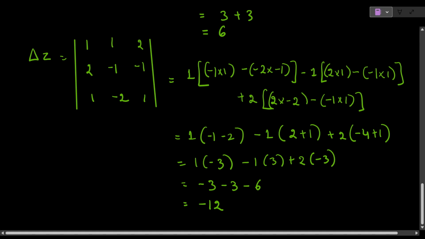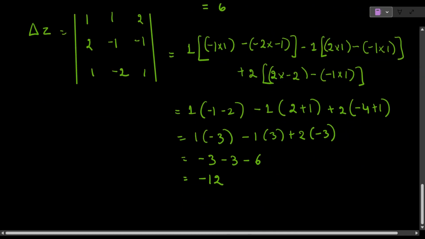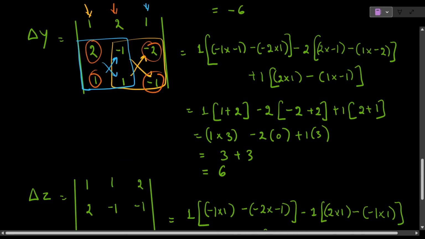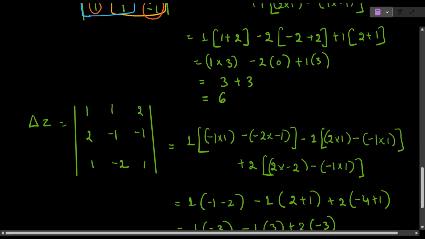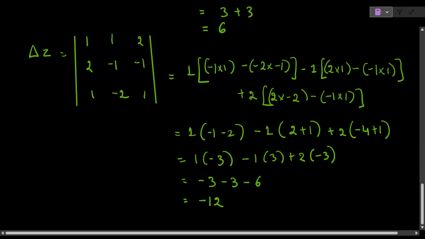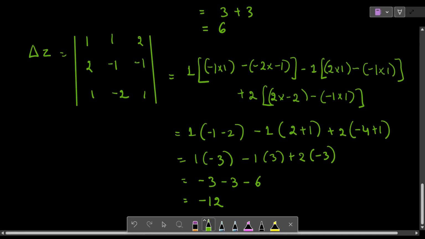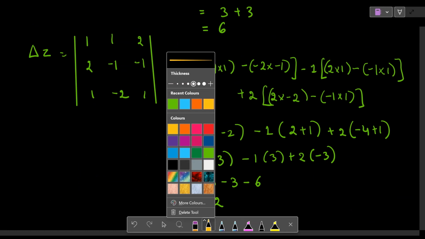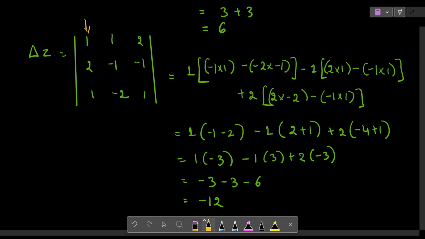So now we got the values of determinant z, delta y and delta x. So once again I am explaining here. Don't get confused. What we have taken here is, suppose first we are going to take 1, it means we have to take this 2 by 2 matrix and do cross multiplication. Okay.